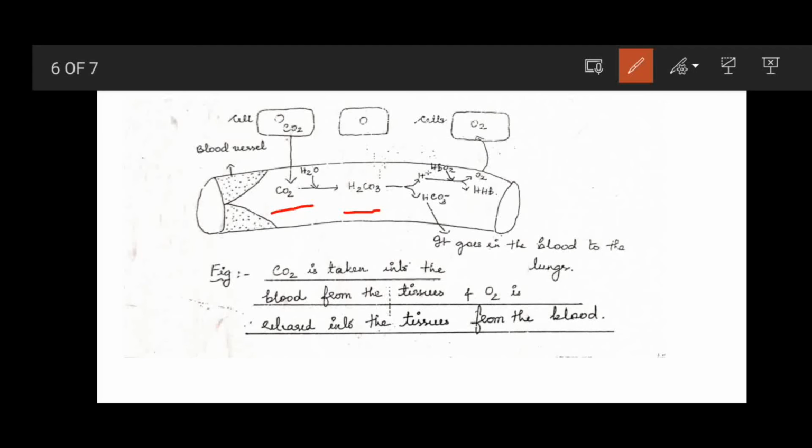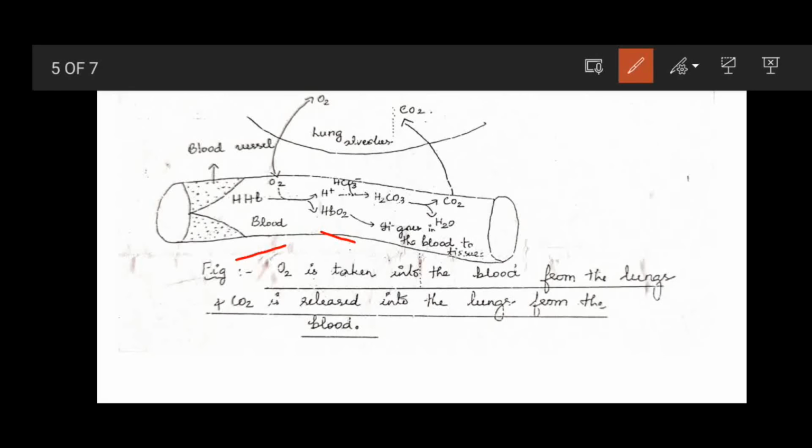The carbonic acid is dissociated to form bicarbonate and H plus ions. When the oxyhemoglobin arrives, it will react with the H plus ion to form oxygen and reduced hemoglobin.